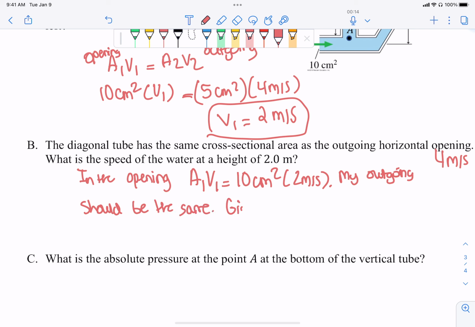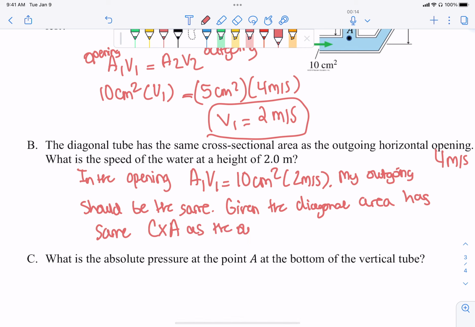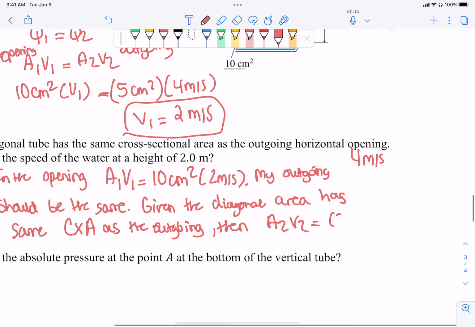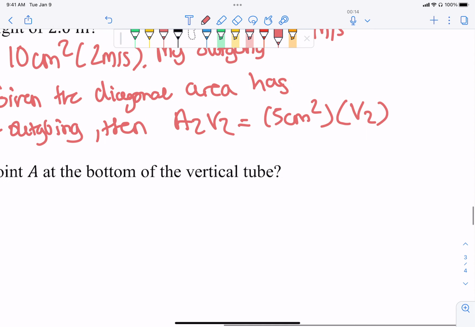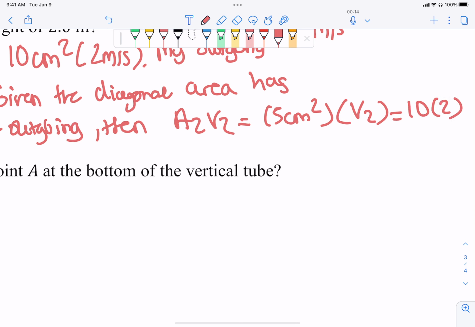Now, given the diagonal area has the same cross-sectional area as the outgoing, then A2V2, 5 centimeters squared times that speed, should still equal that 10 times 2 from earlier, so V2 should still equal 4 meters per second.